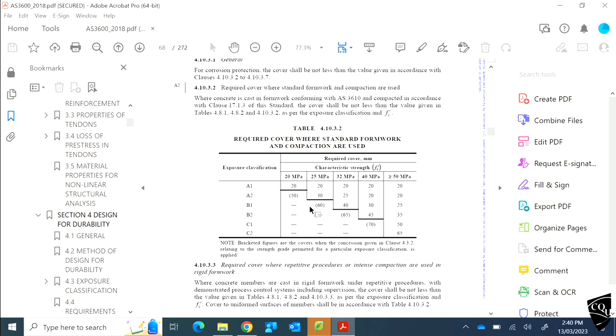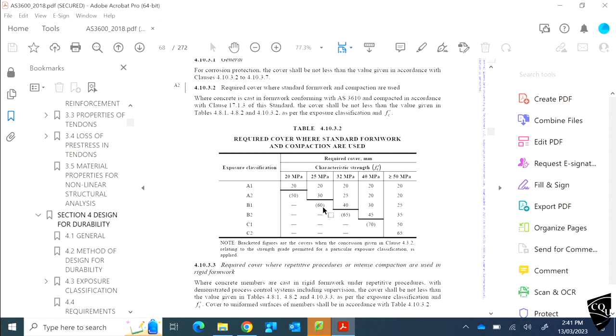So this line shows the recommended strength of the concrete. For B1, we don't want 25 MPa, we want 32. Here is 60 millimeter. Yes, 60 is there, but it is not very recommended. You can see it's almost double the cover.